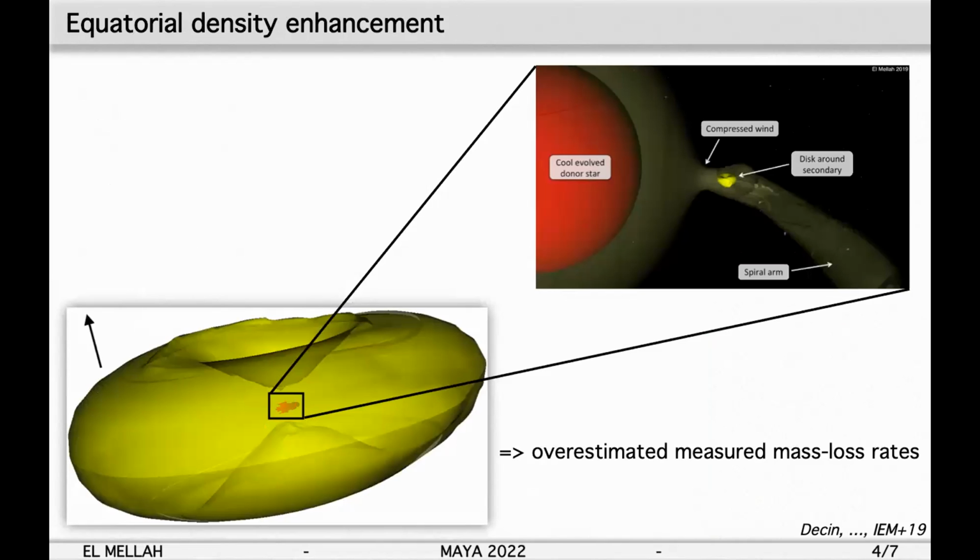You have two effects. On one side, the direct gravitational influence of the secondary, which is going to deflect the flow toward it and produce this accretion wave that you can see right here. And you have the indirect effects of the secondary, which is that because of the presence of the secondary, the primary is going to wobble around the center of mass.